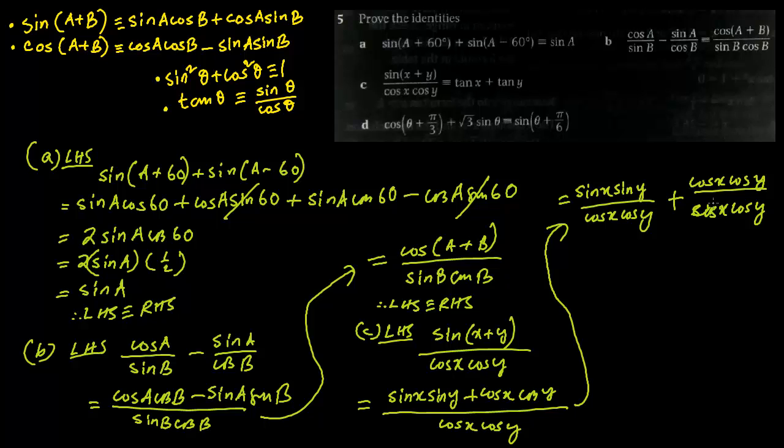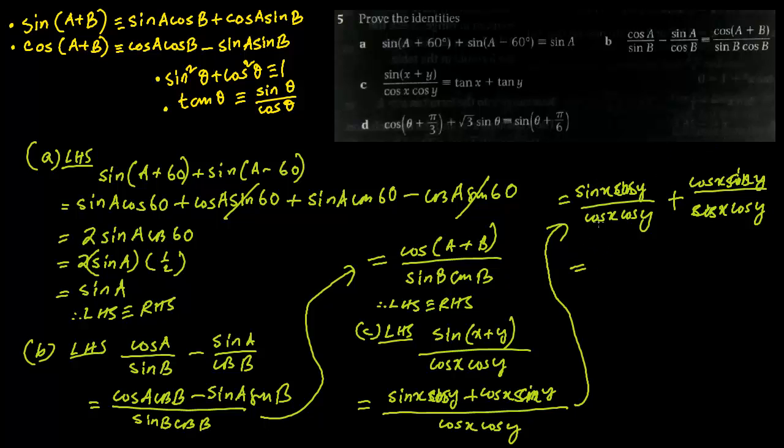So that's what we have. Since this is sine A plus B, this should be sine cos cos sine. Okay, it should be this one, sine cos cos sine. So let me correct it over here. This should be sine cos cos sine, using the sum of angle identities. Okay, now it is all right.